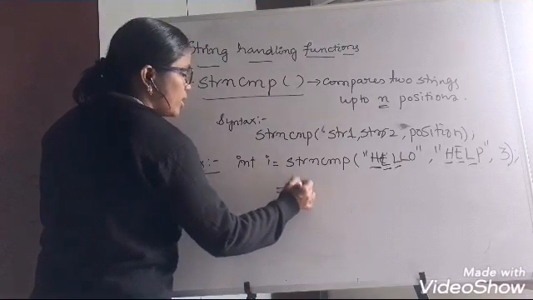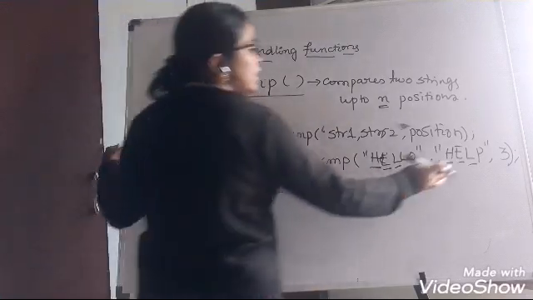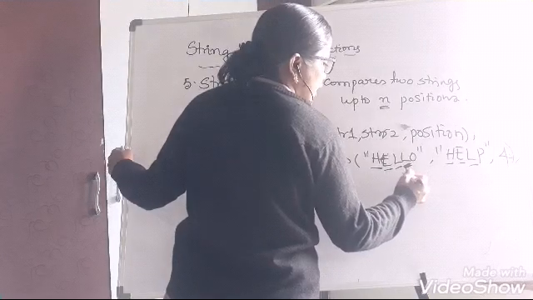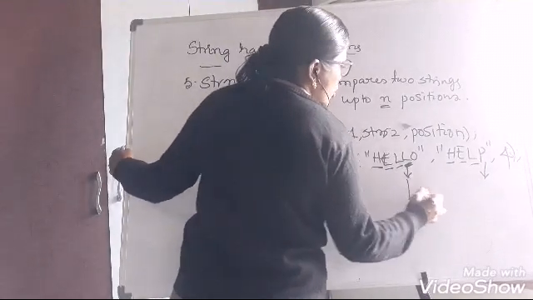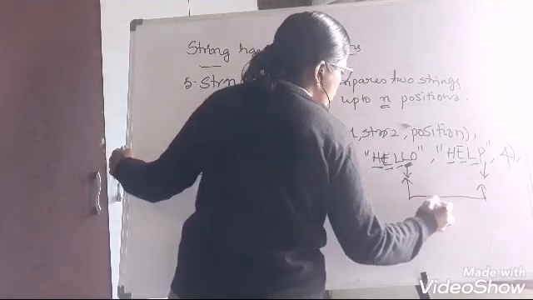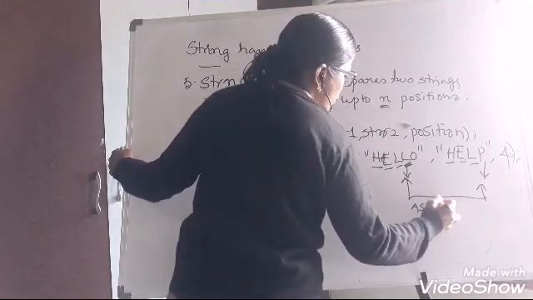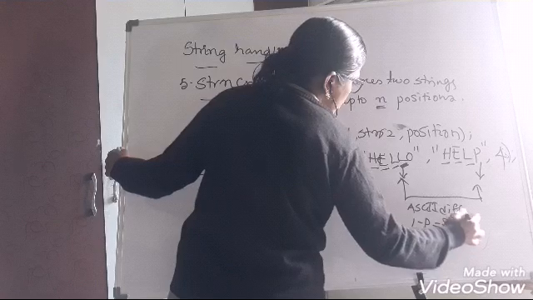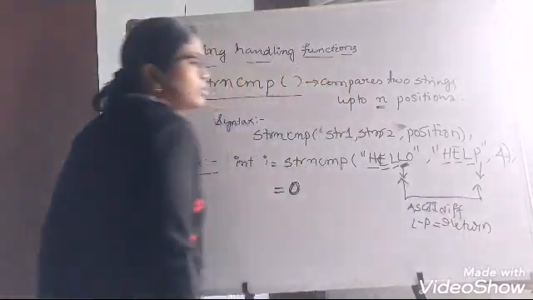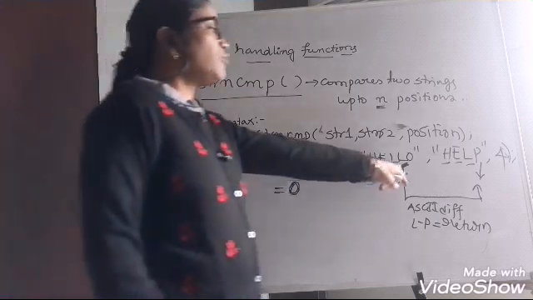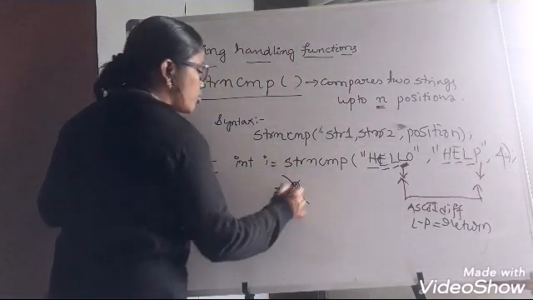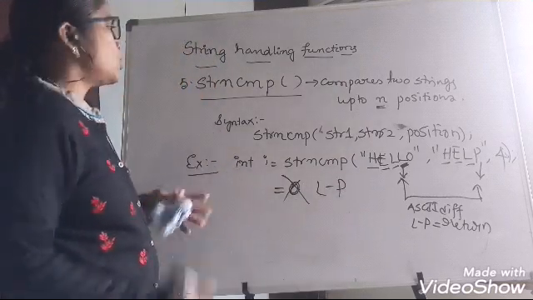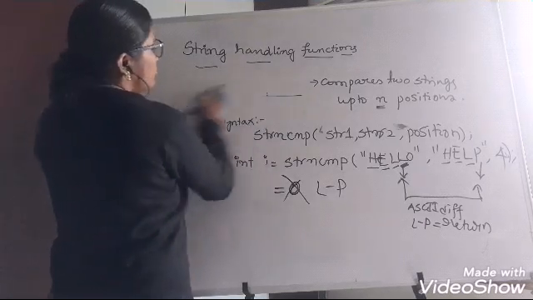So up to L it returns same. Suppose if I take it as 4, it will take the next character, that is L, and the next character, that is P. So it returns the ASCII difference of L minus P. I don't remember the number actually, L and P. So if you take up to 4, instead of 0, it returns the difference of L minus P. Okay.